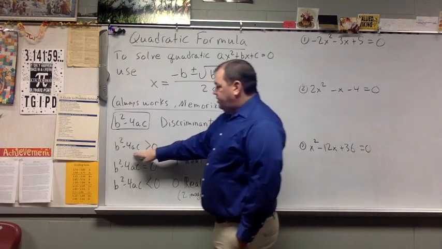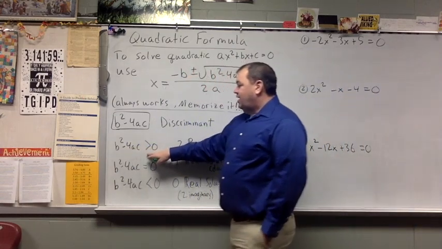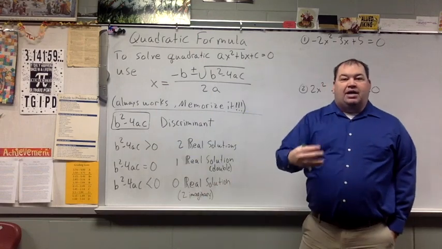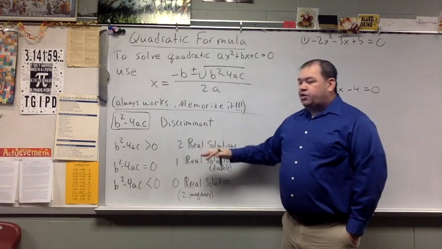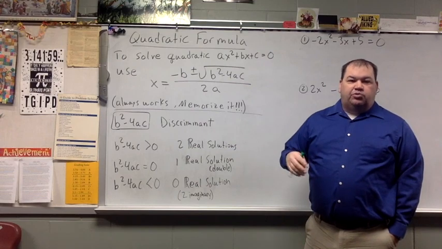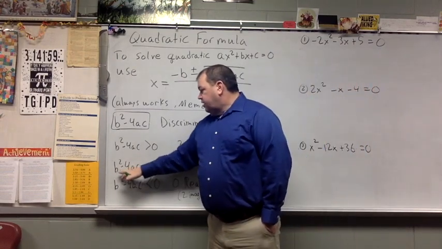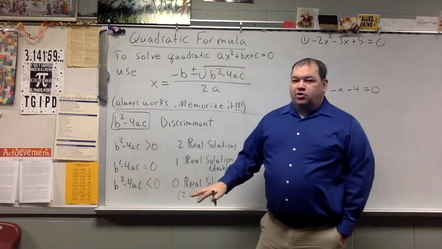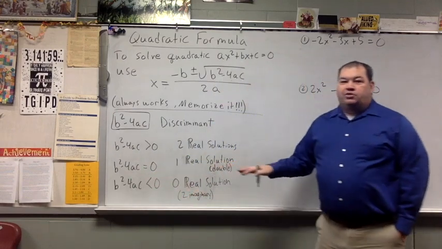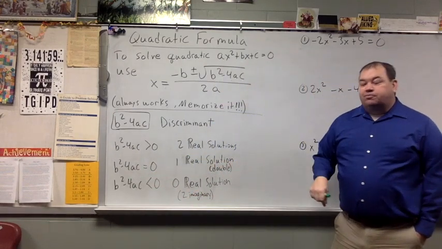So if you do that piece that's underneath the square root and it's bigger than 0, so if it's a positive number, you know you're going to get two real answers, which means they would show up on a graph. If b squared minus 4ac is equal to 0, it's only going to have one real solution. It's a double.